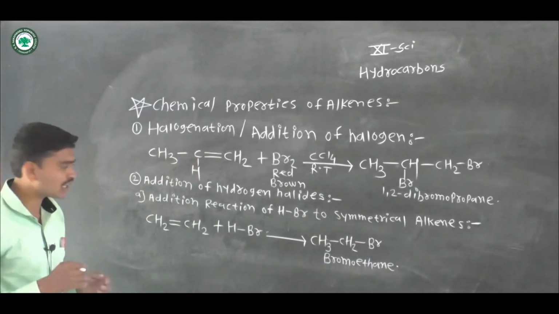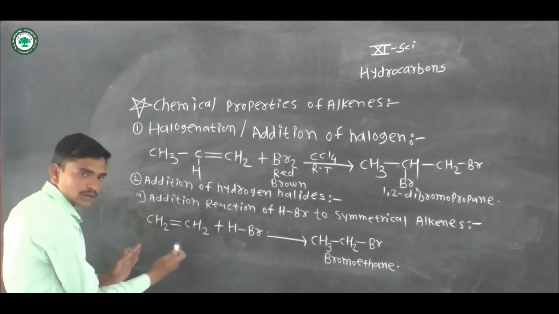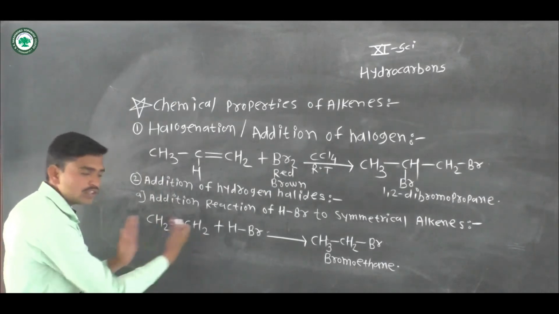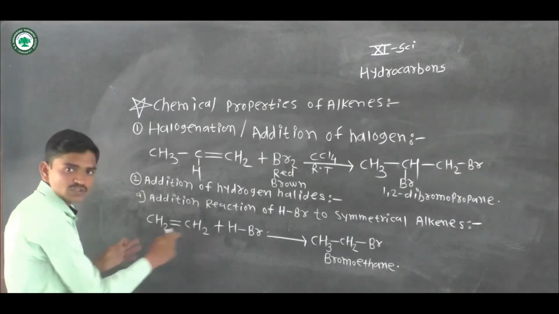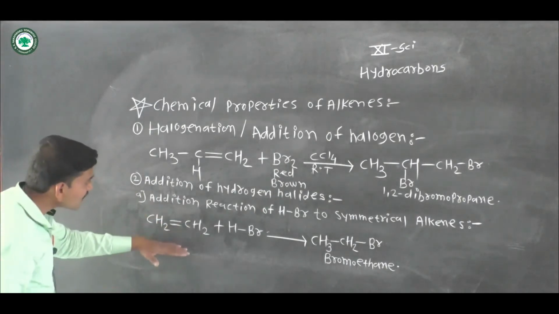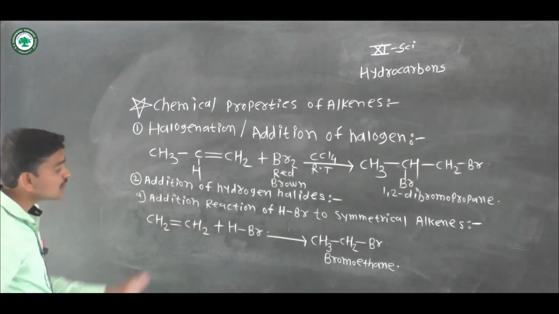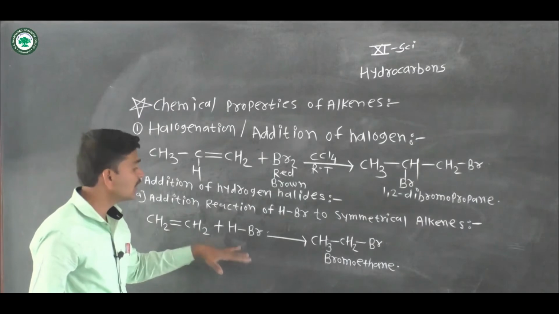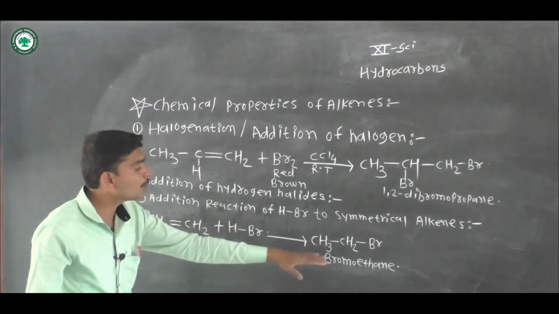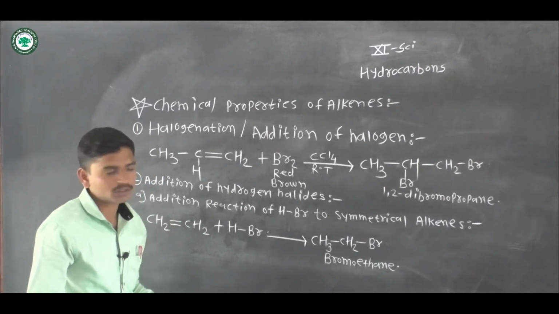What is meant by symmetrical alkene? When we compare this CH2 and CH2, on both sides there is the same CH2. This is a symmetrical alkene. When a symmetrical alkene reacts with an unsymmetrical reagent, it gives an alkyl halide, bromoethane, as only a single product.